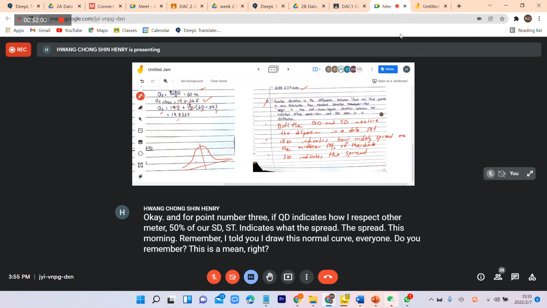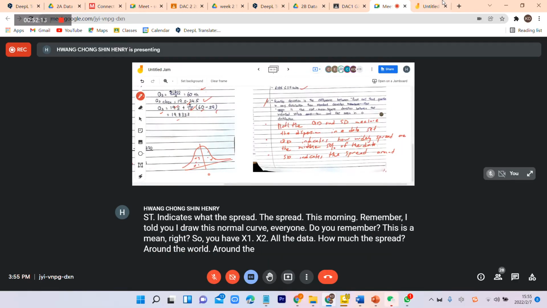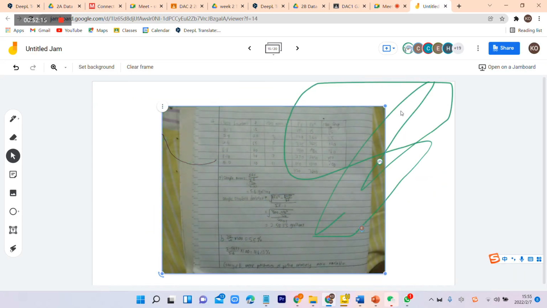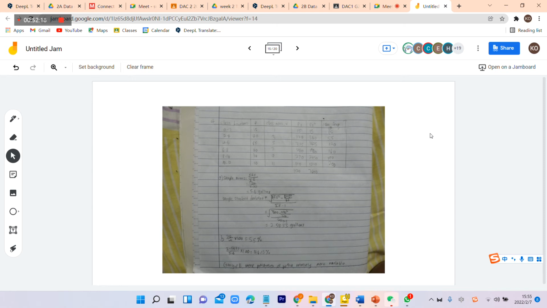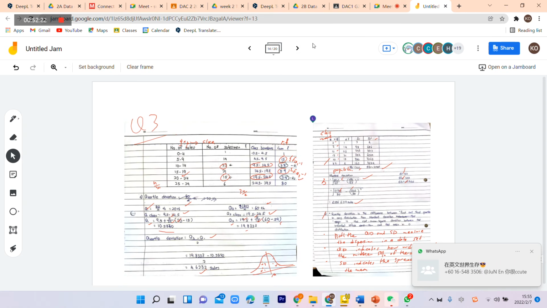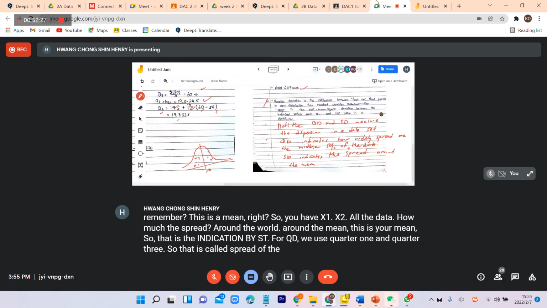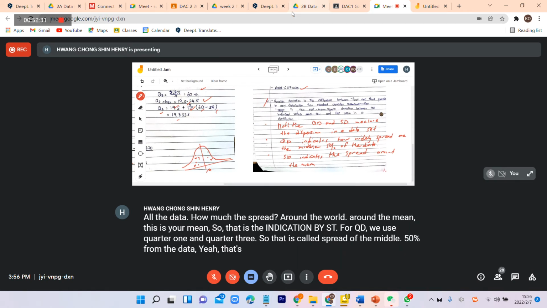So you have x1, x2, all the data, and how much they spread around the mean. That is the indication by SD. For QD, we use quartile 1 and quartile 3, so that is called the spread of the middle 50% of the data. That's the difference.